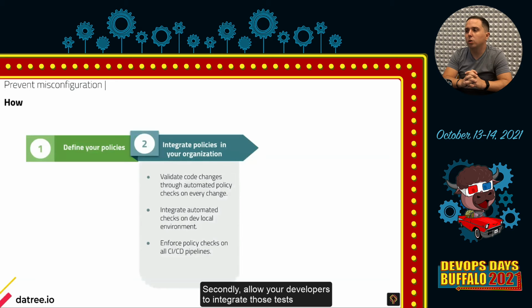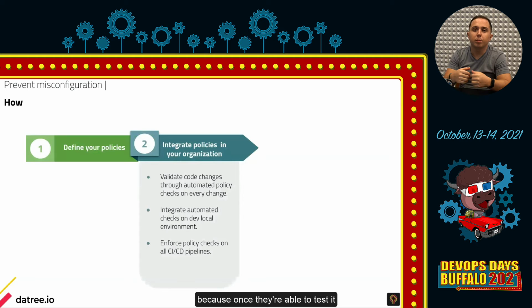Secondly, allow your developers to integrate those tests in their local environment, because once they're able to test it and run it, for example, Trivy comes as a CLI, right? Or take another solution, a linter or Snyk security, or any other solution.